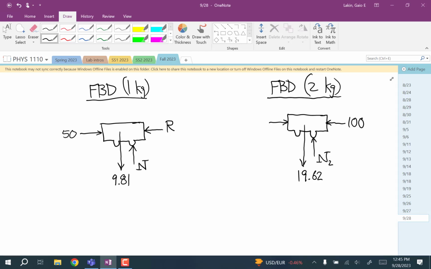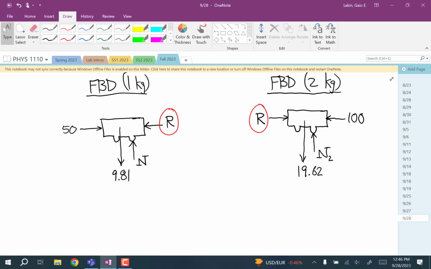And I'm going to give this a variable name, but I'm going to do something that is going to blow your minds. I'm going to give this the same variable name as this one. Okay? And I'll explain why that is. Anybody have any questions about that? Where those directions came from?